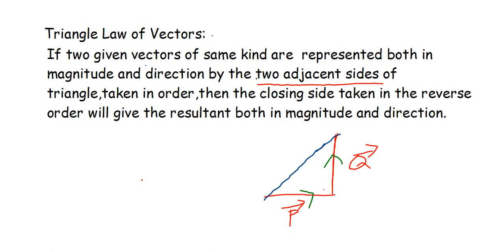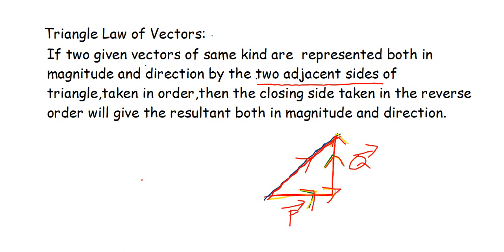These two are in the same direction, but the resultant of these two vectors is in the reverse order. That means these two are in this direction, but the third vector, the closing side of the triangle, is reverse to the direction of these two vectors.